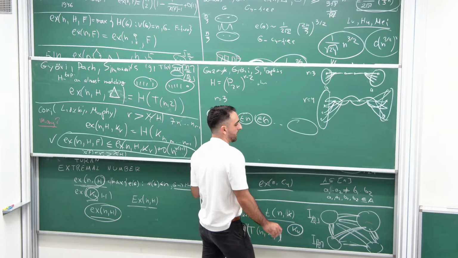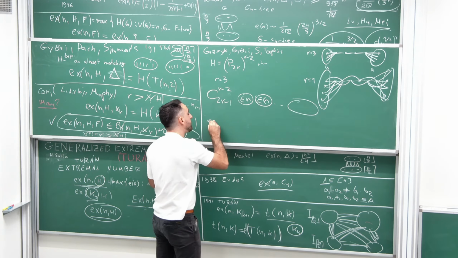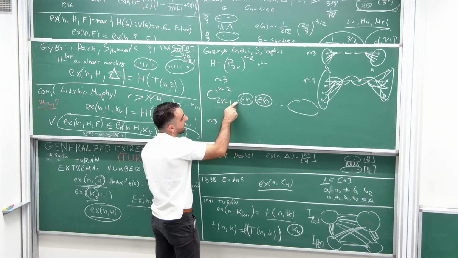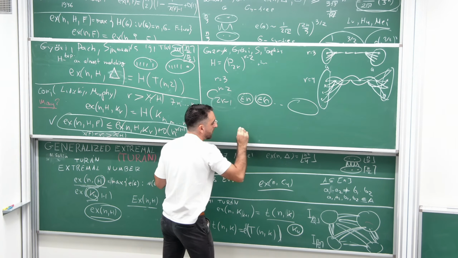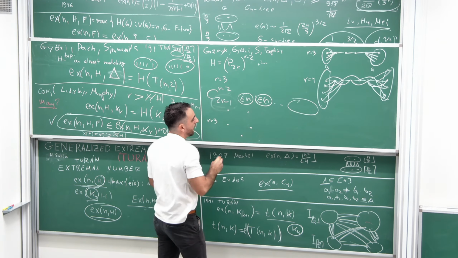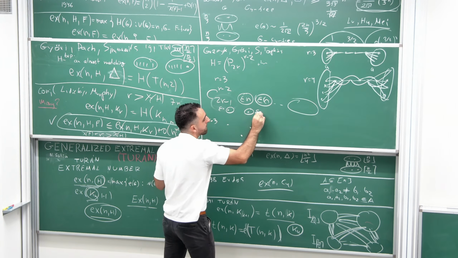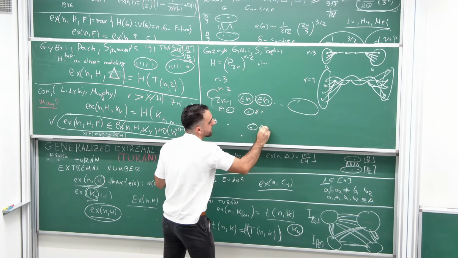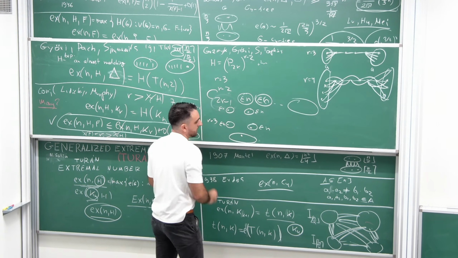So we take a cycle. Let me draw for r equals 3. For r equals 3, the cycle length is 5: 1, 2, 3, 4, 5. Instead of each class, you take epsilon n vertices, and the rest is a big class here.